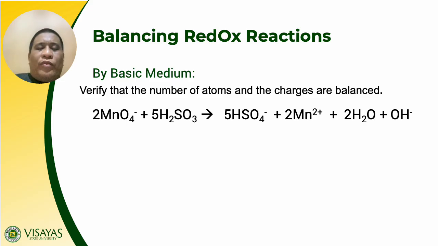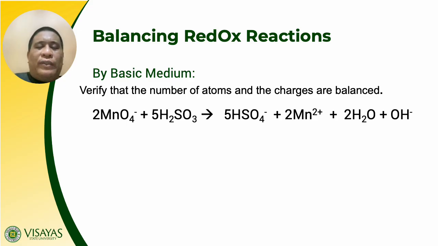So that's negative 1 in terms of the difference between the two. And then we add one more negative value from the OH minus, so that's also negative 2 in total. So both reactants and products have a net charge of negative 2, which means the equation is balanced. And that is in terms of a basic medium.